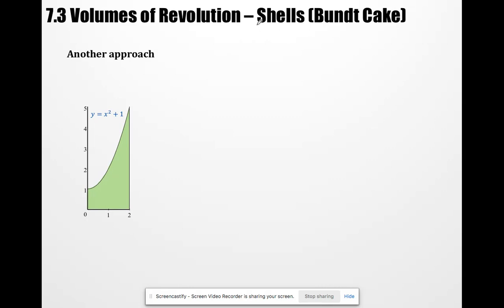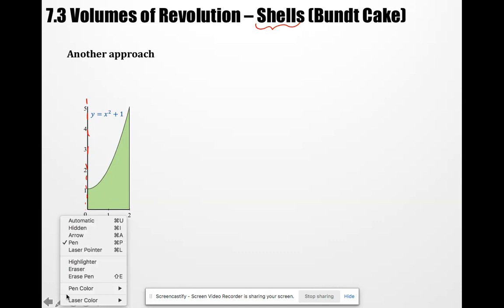This time, I'm going to do the same problem with the same shape, but I'm going to do shells. The axis of rotation does not change. The shape and the boundaries do not change.